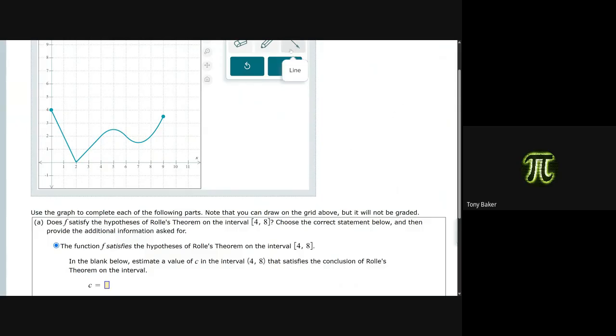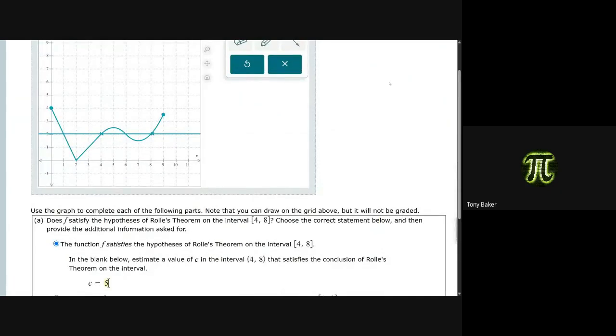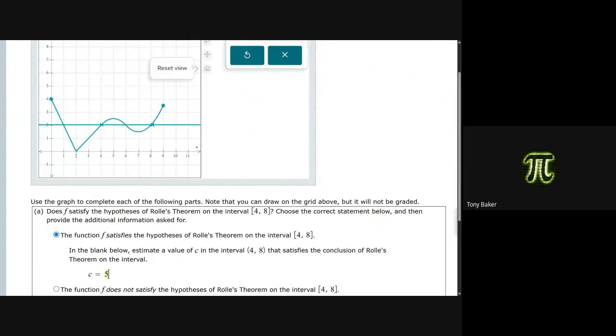So do we have 7 or 5? I'm going to see if you don't have to put them both. Because the way the question words, it just says give the estimate. 5 would work and 7 would work. I'm going to put 1 just to see if it wants both or not.